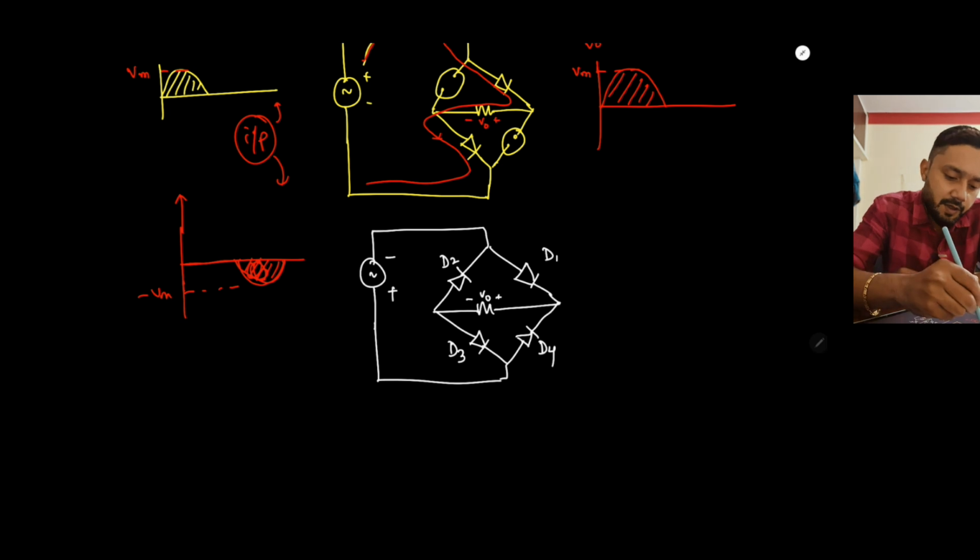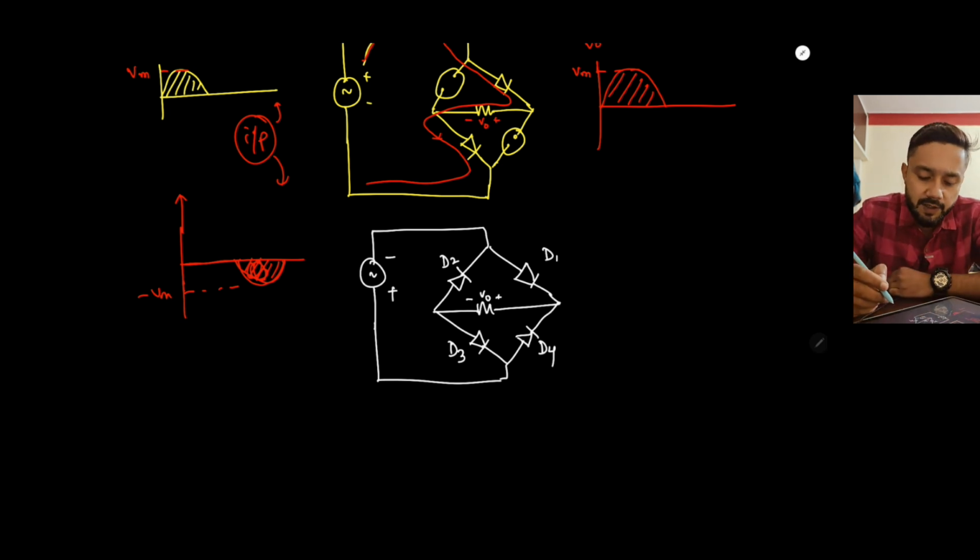So now which diodes will conduct during the negative cycle? See, negative cycle means the positive will be like this, and what will be the expected direction of the current? It will be like this.